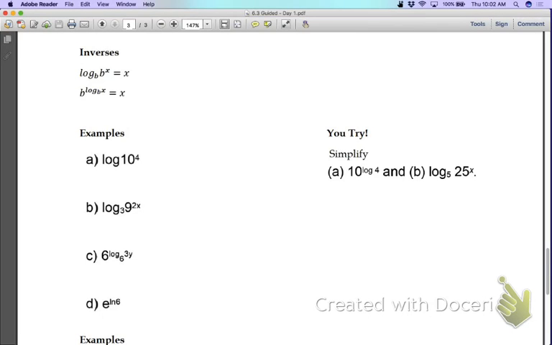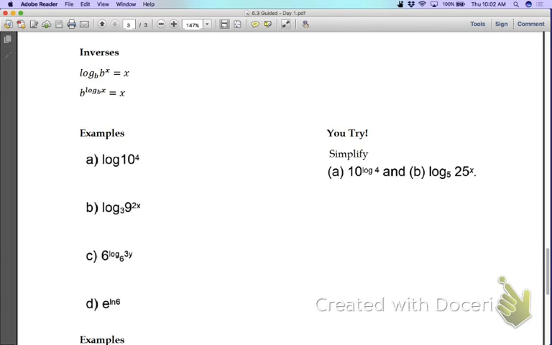All right, the last part of 6.3 as far as solving or evaluating logarithms or natural logs, before we get into graphing tomorrow, we'll deal with inverses. Inverses are really pretty simple.